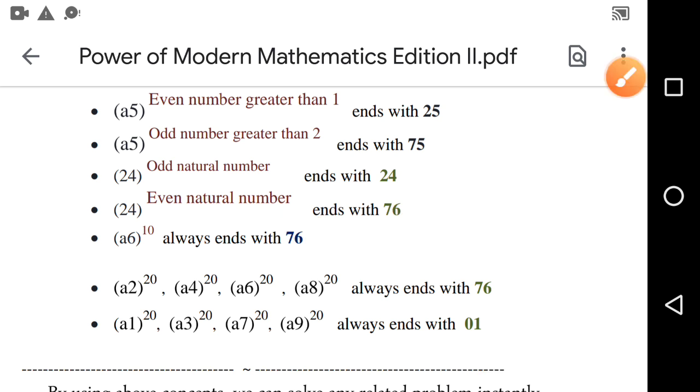This proof is given in modern mathematics, and a detailed analysis is done there.